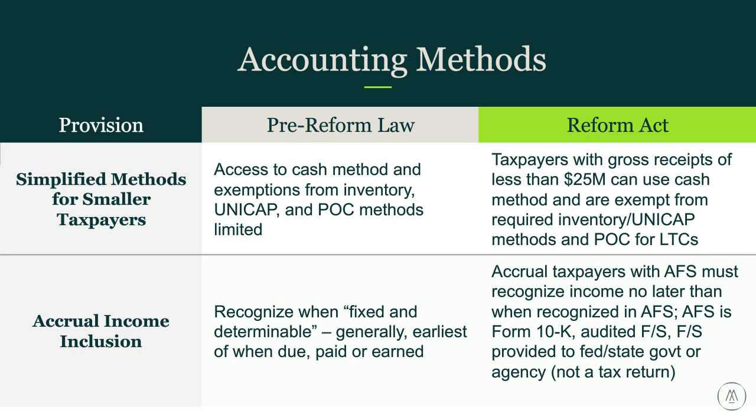So this means that companies with less than $25 million in gross receipts now have the option to use the cash method, as opposed to just being limited to the accrual method. And as a result, we do expect to see a number of taxpayers switching over to the cash method this year. Another one is that, sorry, go ahead, Kurt.